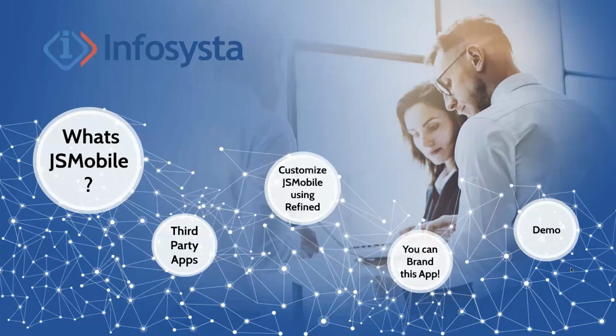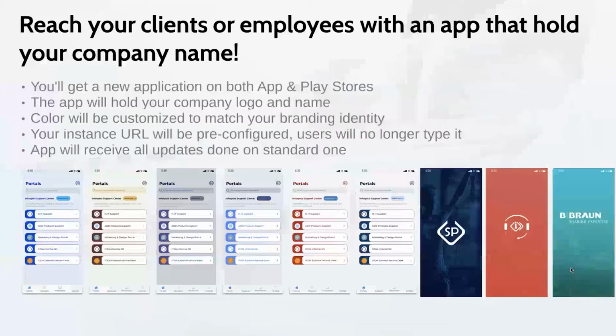Now, this application can also be branded. This is a quite good feature that we've built in JSM Mobile. For example, some clients shared with us that they don't want their customers or employees to raise tickets using an application named JSM Mobile.